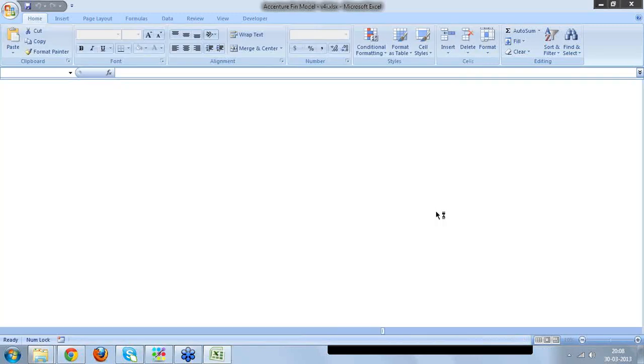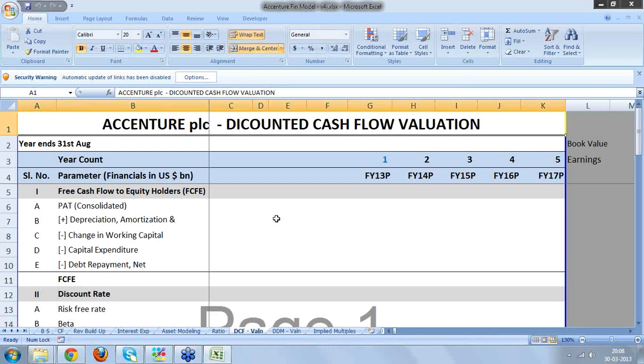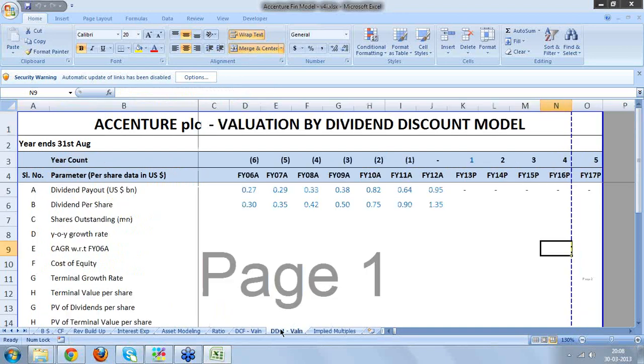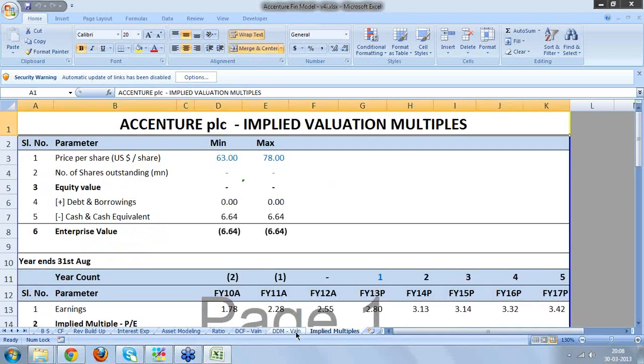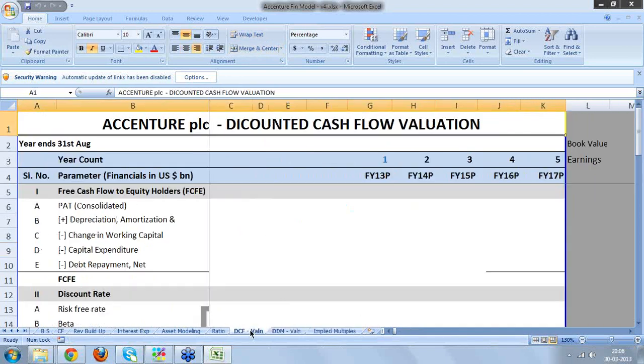So I'm essentially talking about this model which will contain everything that we have done till the previous session, and this time, just in order to save some time, we have created a template for valuation. So 2 sheets, DCF valuation, DDM valuation, and implied multiples. We have created a template so that we save a little time because we have to cover many topics today and it's the final session.